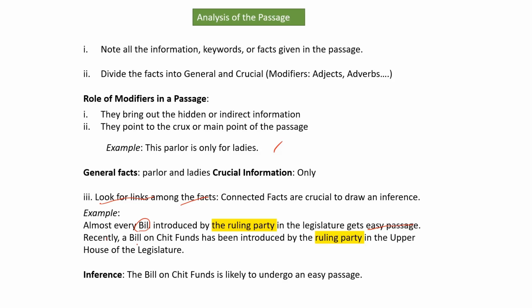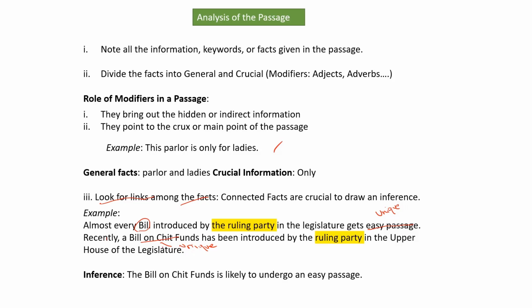So these are unique keywords which are present only in one of the statements, but not both, right? So this is unique to statement 1. It is present only in the first statement, and bill of chit funds is another unique keyword, present only in the second statement.